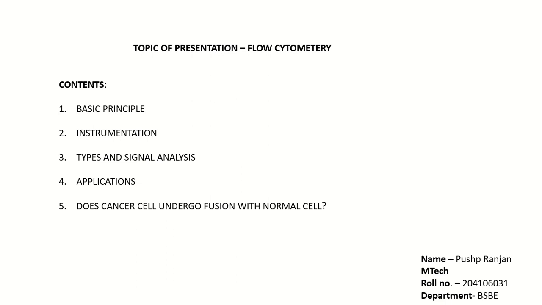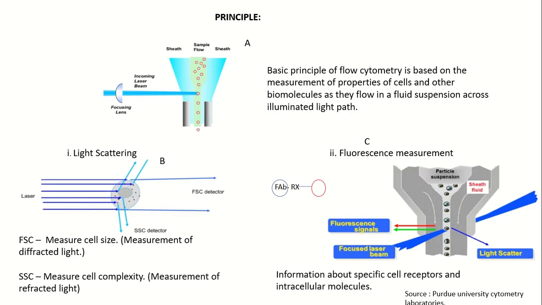Starting with the basic principle, flow cytometry revolves around knowing three main aspects of a cell or biomolecule. Those three major aspects are forward scattering, side scattering, and fluorescence of a particular cell or molecule.